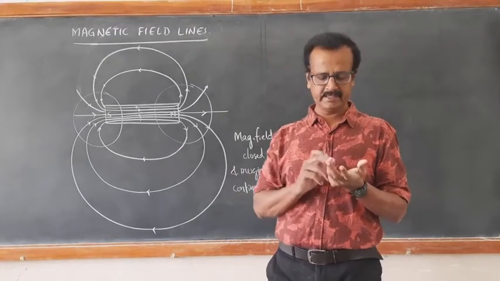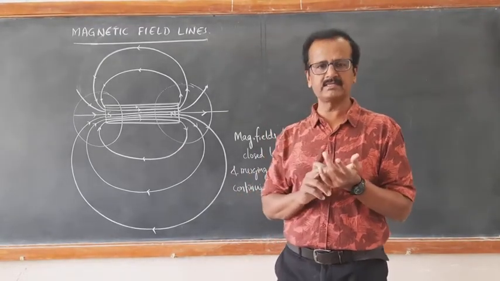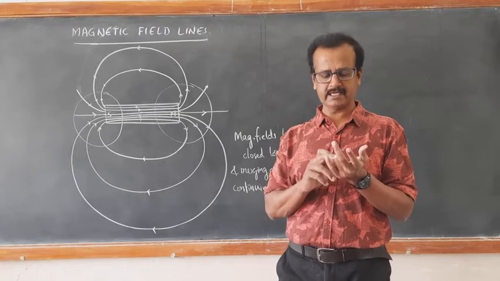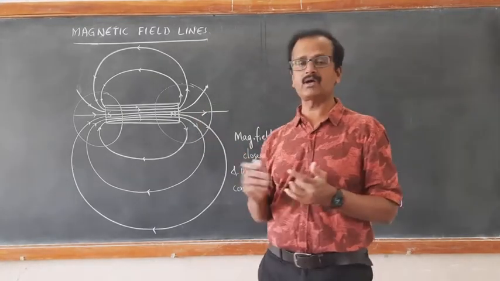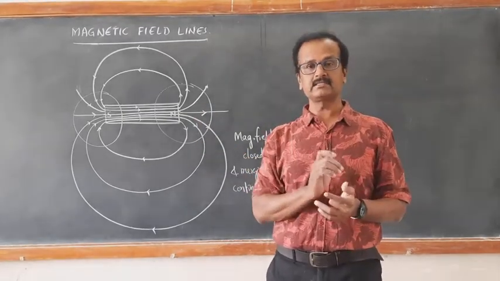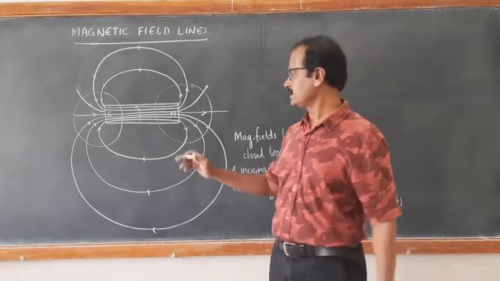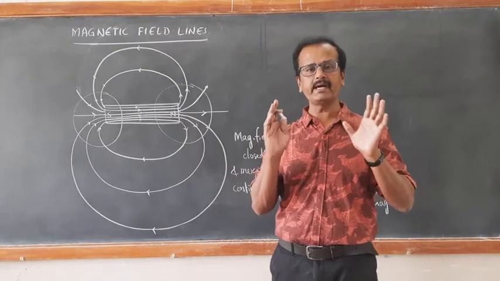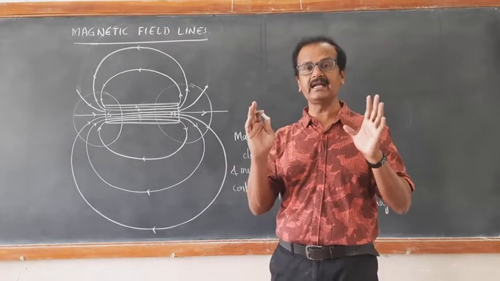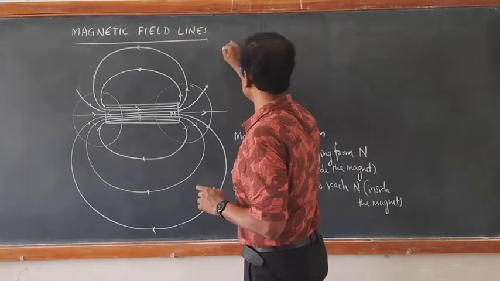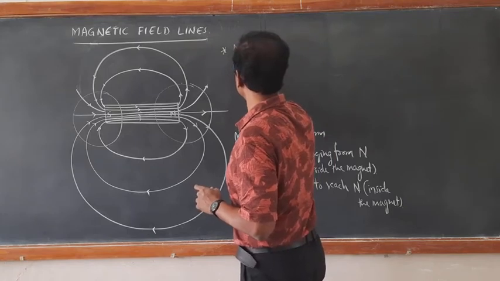Then we have defined what a magnetic field line is, and what the strength of a magnet is, and how it is expressed with the help of crowding of field lines. Next, a very interesting and very important thing: no two magnetic field lines intersect at any point. This is very important.